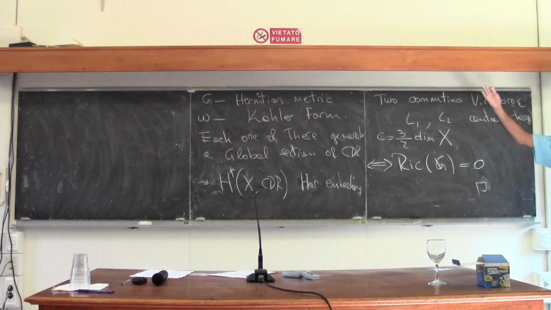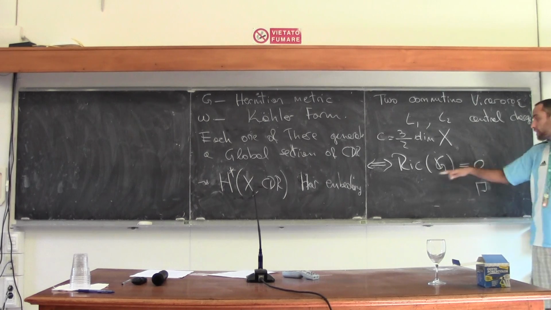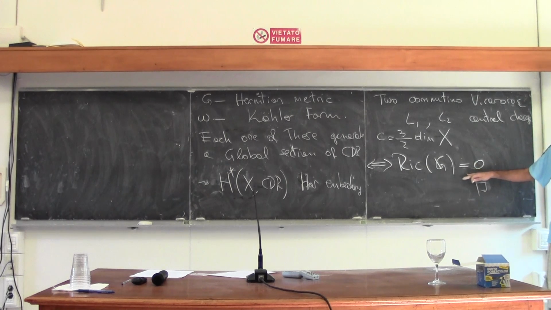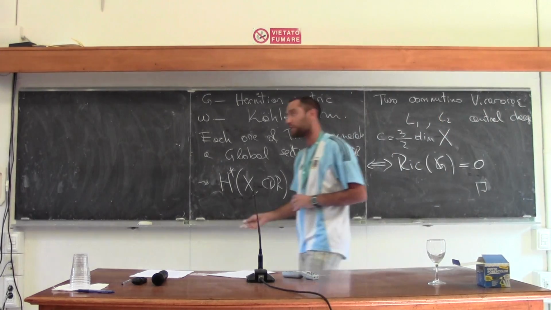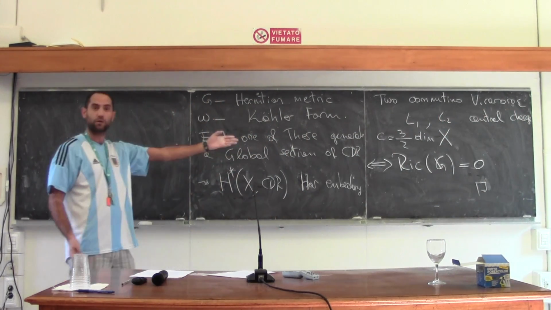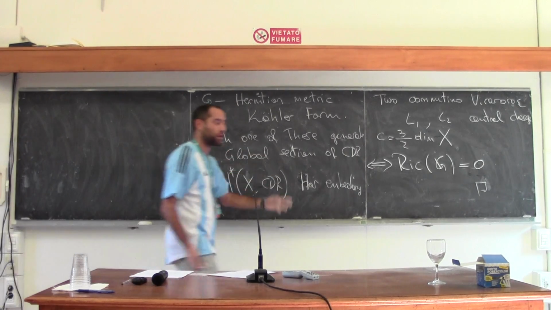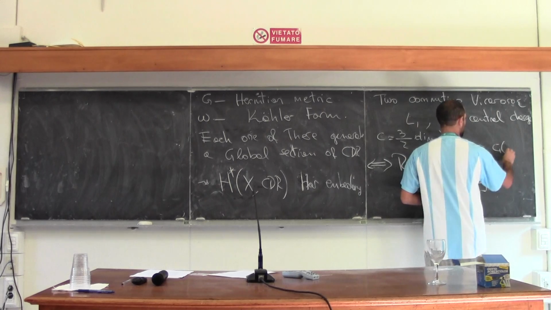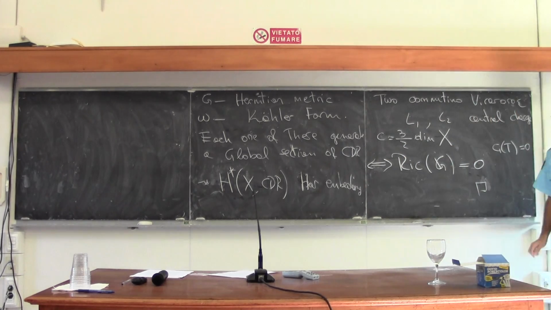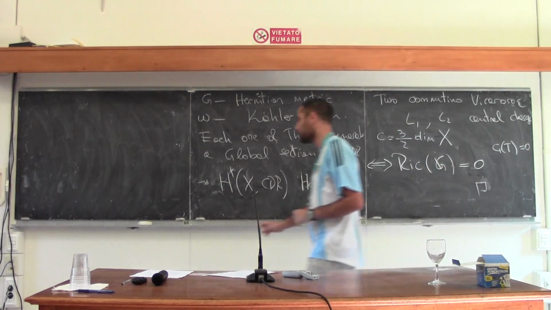This is a theorem: this vertex algebra carries two Virasoros of the right central charge if and only if the metric is Ricci flat. This is already different than what happens in physics. In physics, you do expect to have two Virasoros of that central charge when the manifold is Calabi-Yau, so this in particular implies C1 of T is equal to 0, but you choose a metric that is not Ricci flat. I'm not going to get into that.